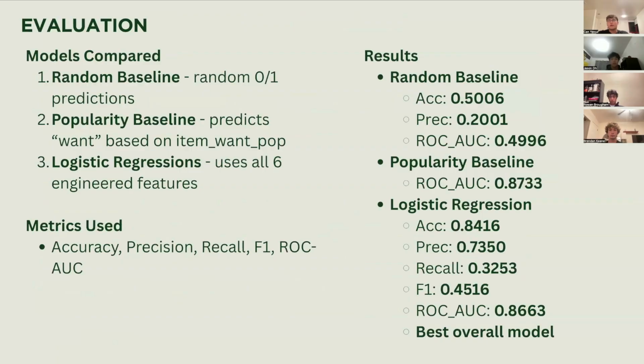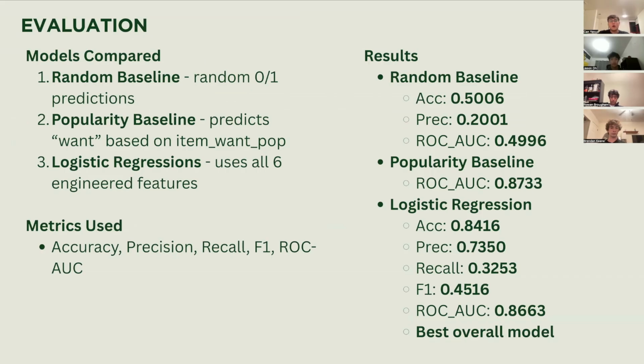Basically, here's our final evaluation, comparing all three of the models. As you can see, the random baseline accuracy sits at 0.5, along with the ROC-AUC as well. Popularity baseline ROC-AUC is 0.8733, and the logistic regression results are also listed over here, which happens to be the best overall model.